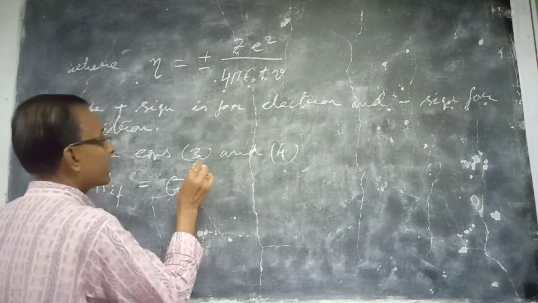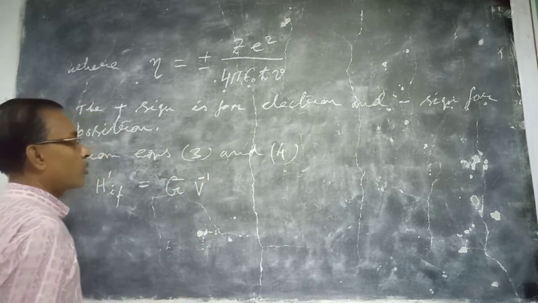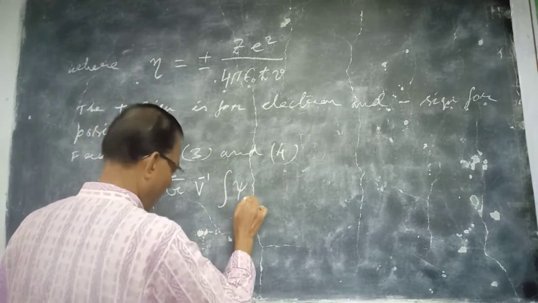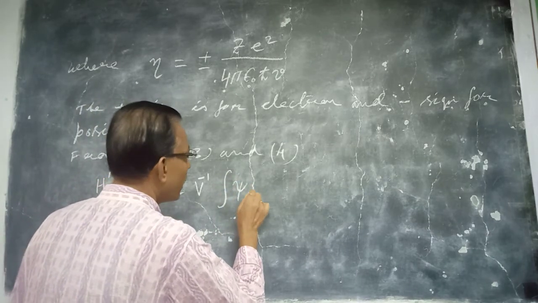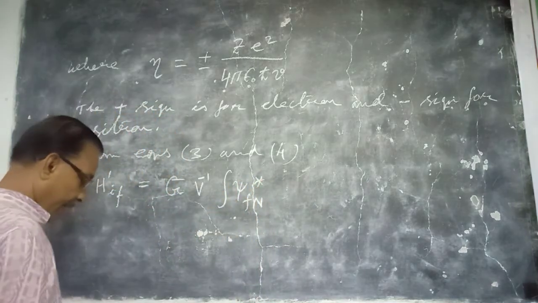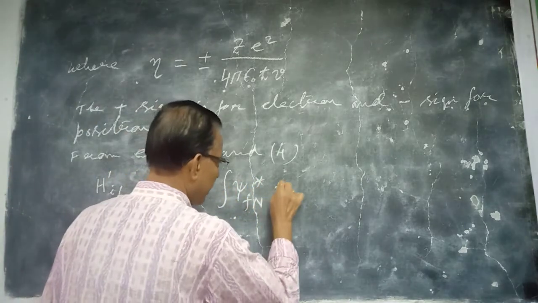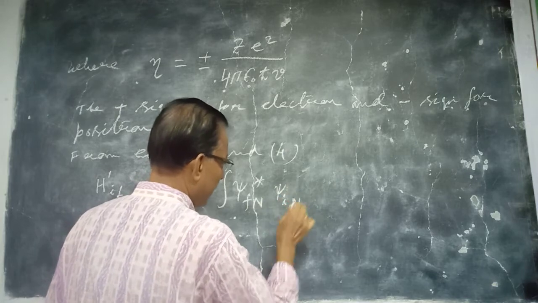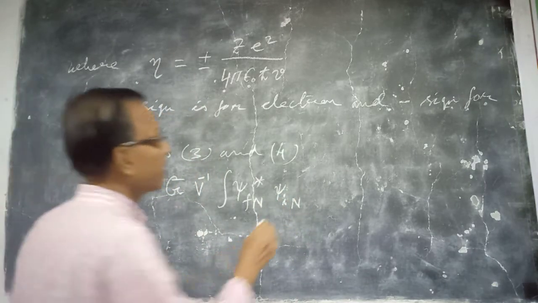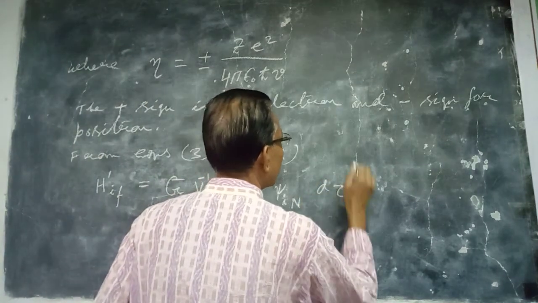V to the power minus 1 comes from the electron and antineutrino normalized wave functions, psi_F star the wave function of the daughter nucleus, psi_I the wave function of the parent nucleus, d tau.